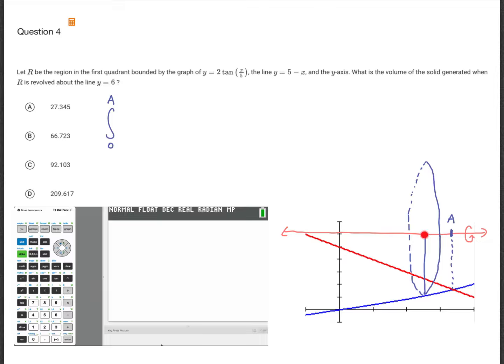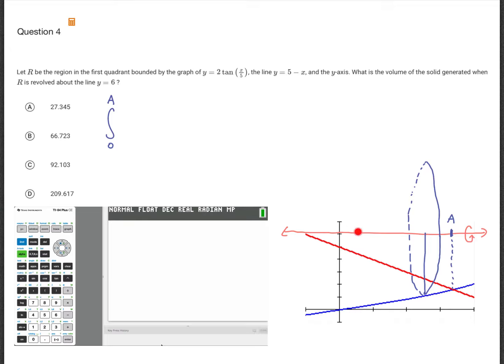So we really just need this distance. This will be the radius. So when we do our pi r squared, this distance will be squared. So pi times whatever this distance squared is will be the area of this cross section. And you can see this distance is just the difference between these two functions.